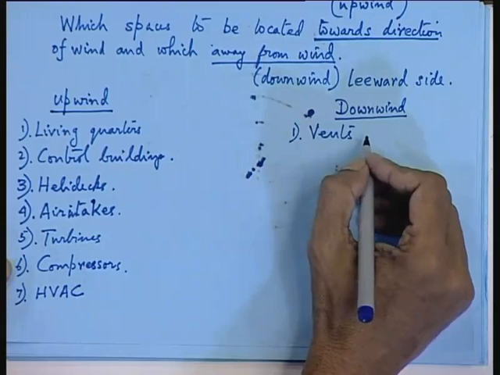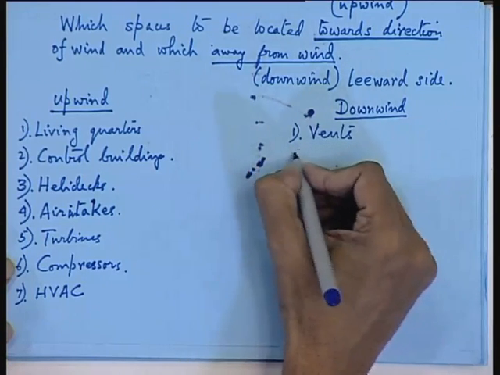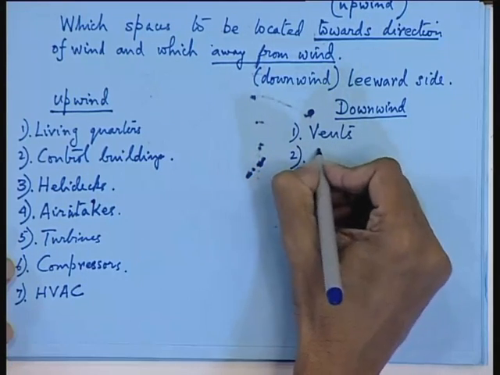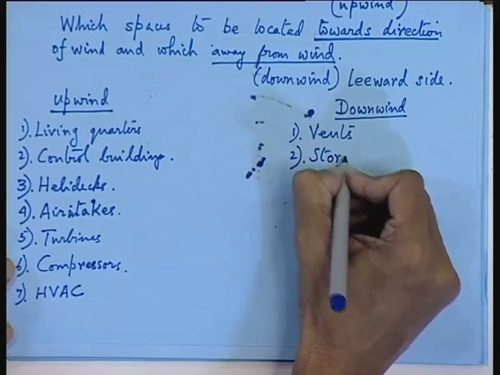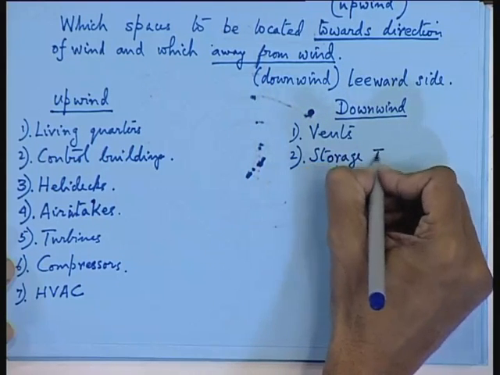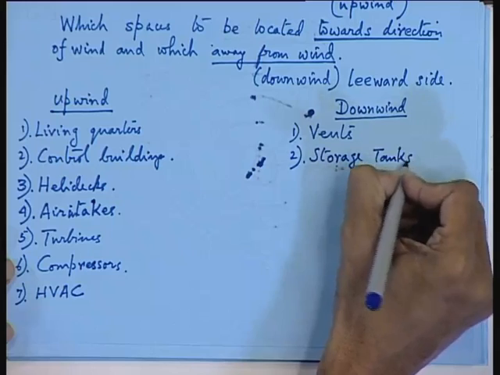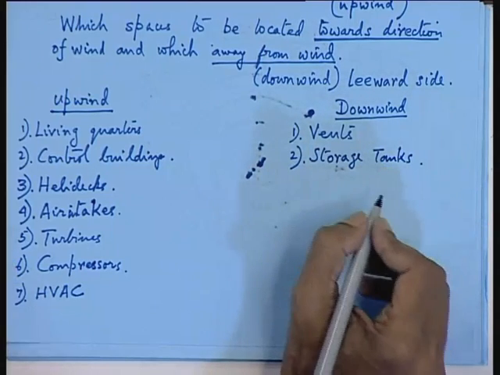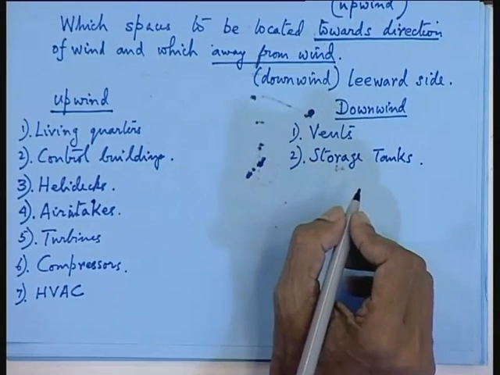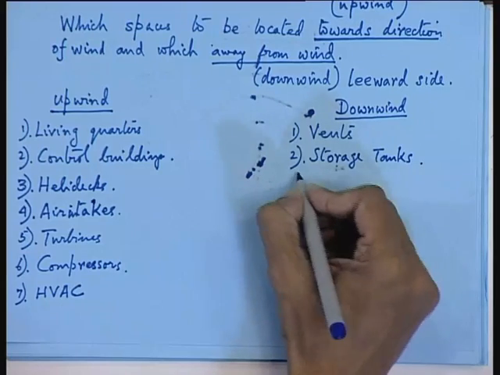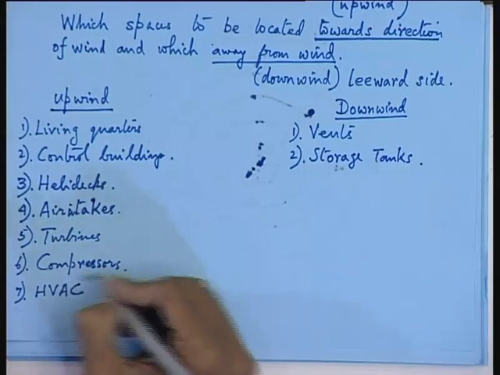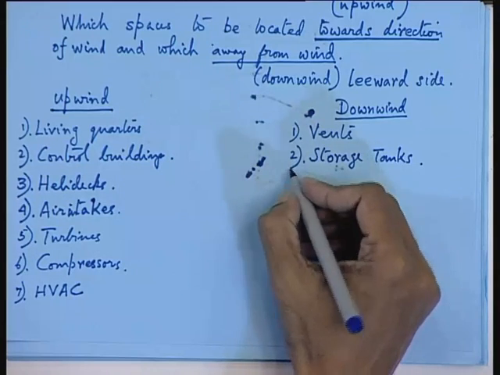So, these are some of the rules to be followed. Downwind side you have vents, storage tanks, compressors, and wellheads also will come here.